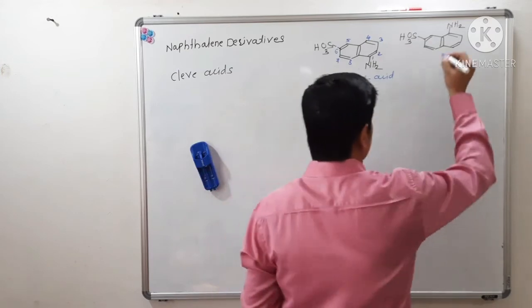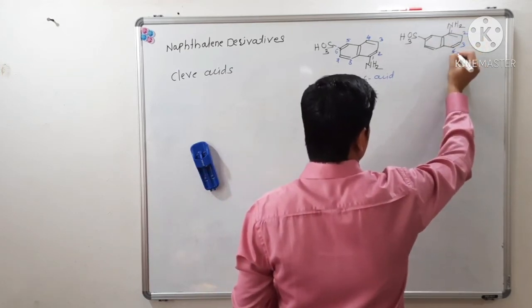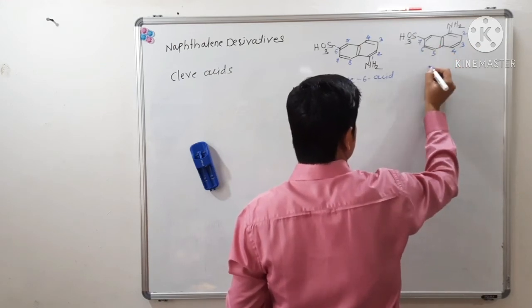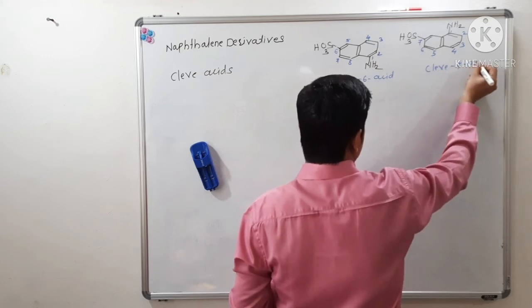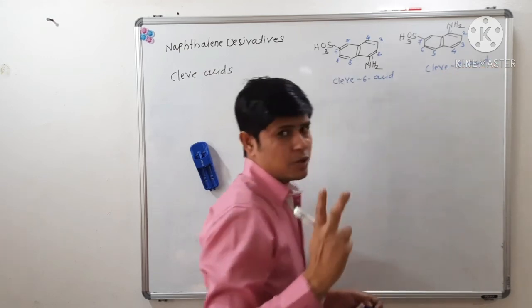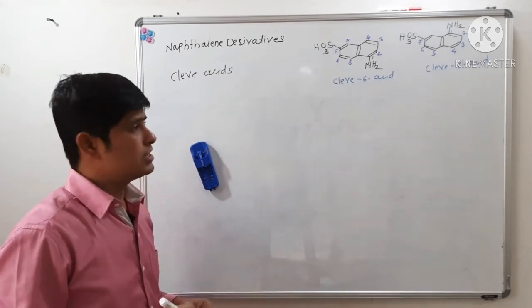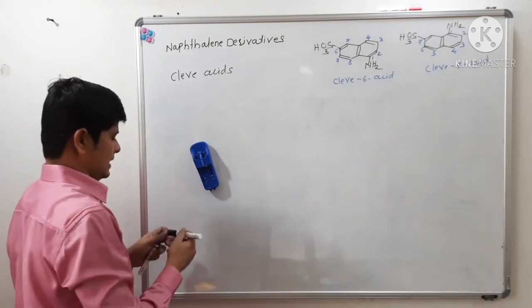And what is this? Let us see. 1, 2, 3, 4, 5, 6, 7. So this is Cleve 7 acid. So there are two types of Cleve acid. One is Cleve 6 acid and the second one is Cleve 7 acid. Now let us see how they can be synthesized.